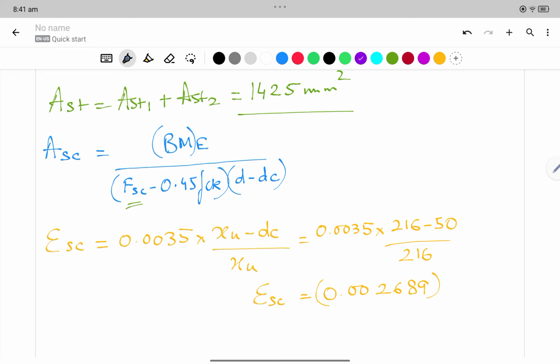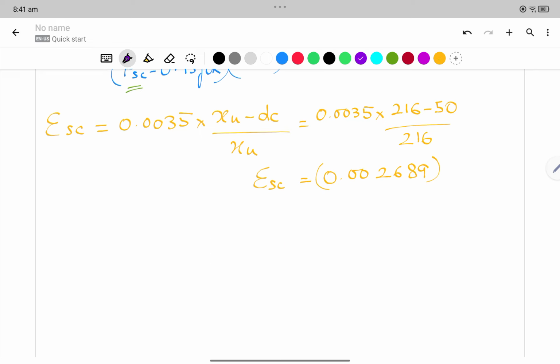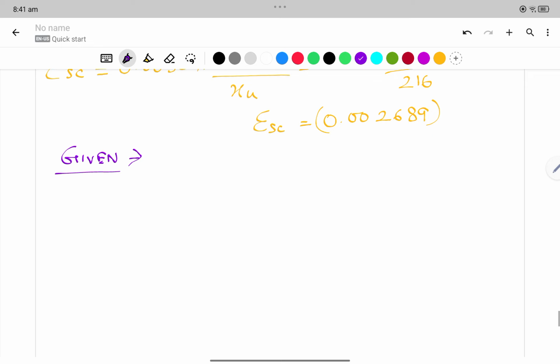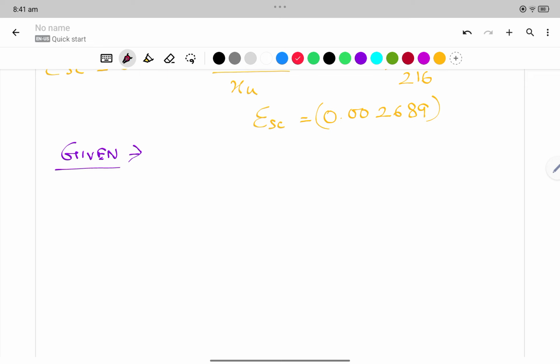Okay, so we will now see the given data. Given the chart, here is the strain value, that is 0.00241, and here is given as 0.00276.